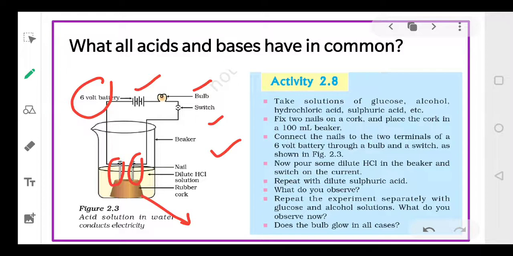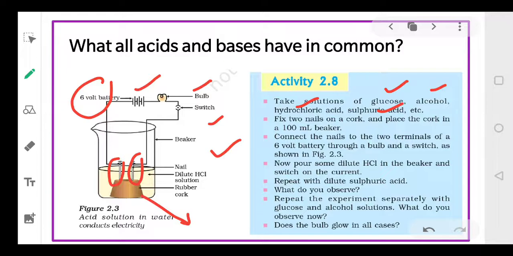Now we have 4 solutions. First is glucose, alcohol, hydrochloric acid and sulfuric acid. We will prepare these solutions. How to make the solutions? We have to take 100 ml of water and add some quantity of glucose. If we have to make a glucose solution, then 100 ml of water plus glucose.